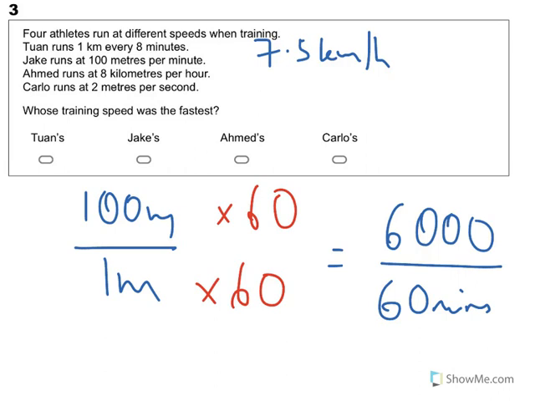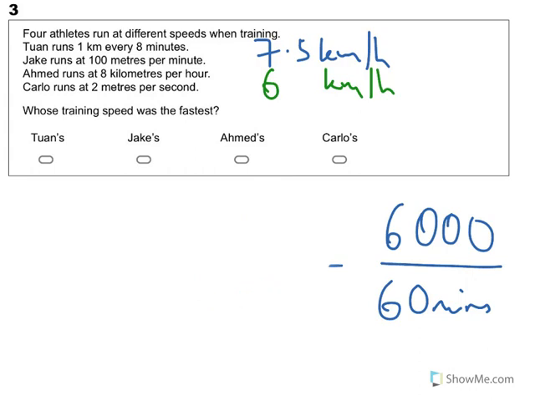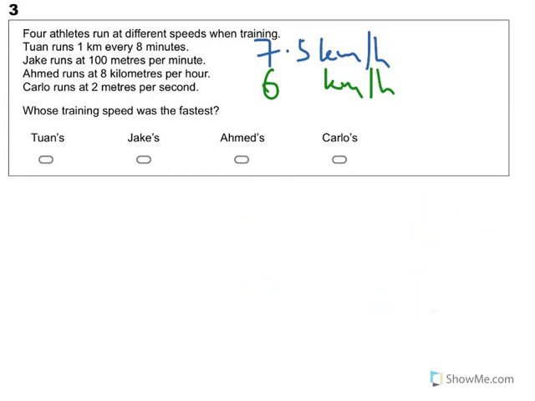Have I done that right? 6,000, that's correct. 6,000 meters, 6 kilometers. And the third one says 8 kilometers per hour. Well, that's already there. So that's the third one.